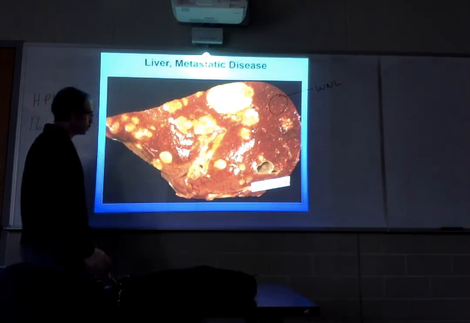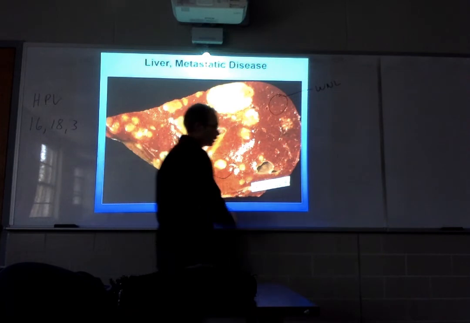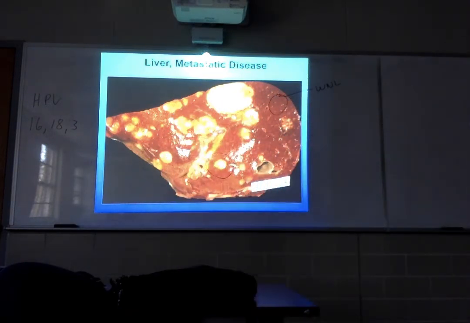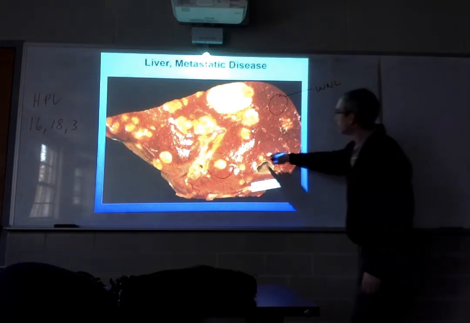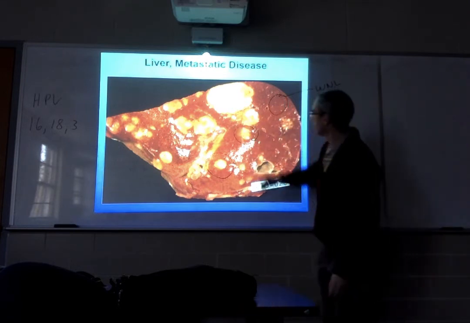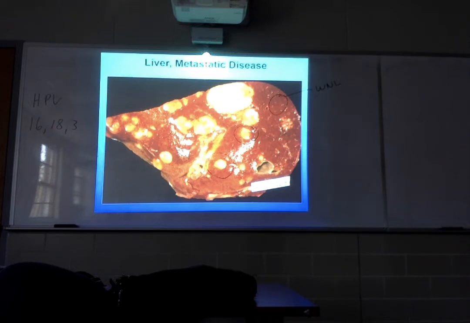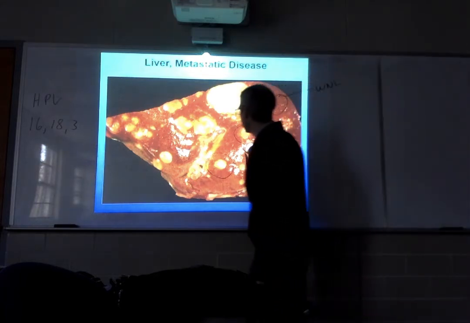Now, take a look at those colonies. Take a look at that one. Those boundaries look sharp to you? Those boundaries look sharp? No. That's because the tumor cells are invading the liver, and they are creating very blurry boundaries.